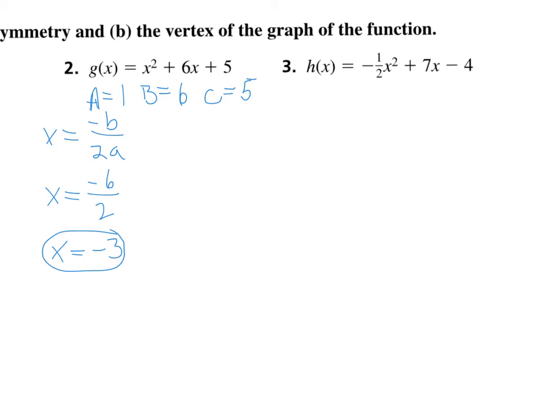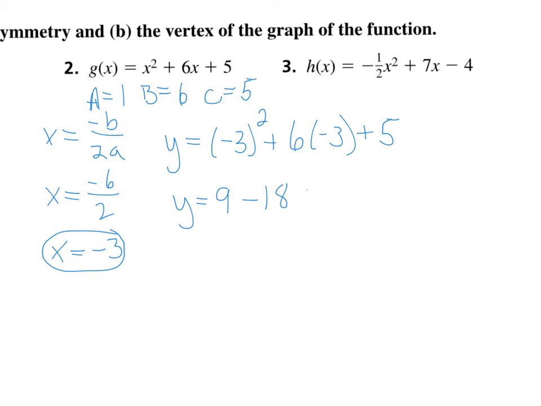Now to find your vertex, we need to find the y value. And to find that, we're going to plug negative 3 anytime we see x. So this will be negative 3 squared plus 6 times negative 3 plus 5. Y is equal to negative 3 squared is positive 9. 6 times negative 3 is minus 18.